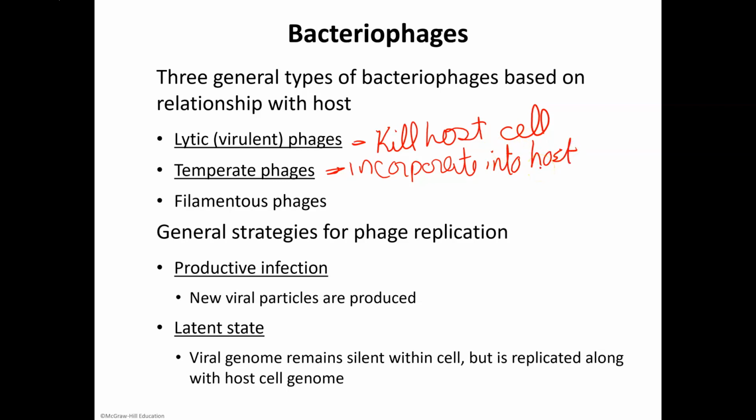So they become part of the host genome, but if damage starts to occur to the cell, then they can eventually move out and become virulent so they can enter the lytic cycle if they need to.